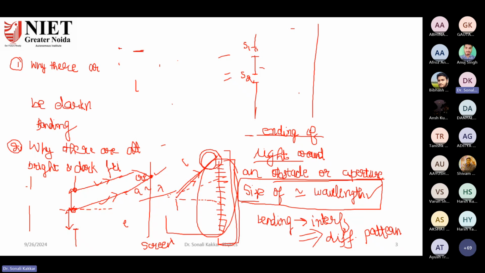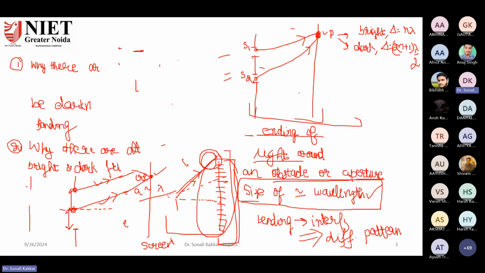So light rays from these slits were superimposed and you get point P to be bright if the path difference between these two rays was n lambda. And you get this point P to be dark if the path difference is an odd multiple of lambda by 2. So this was the interference pattern.